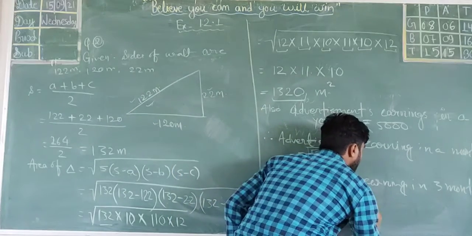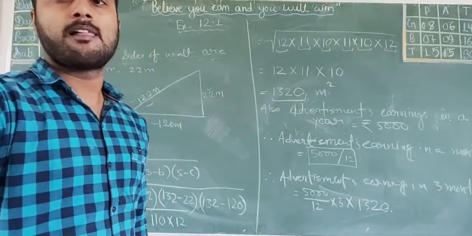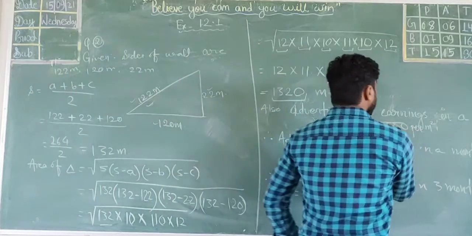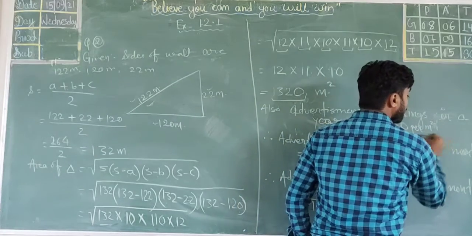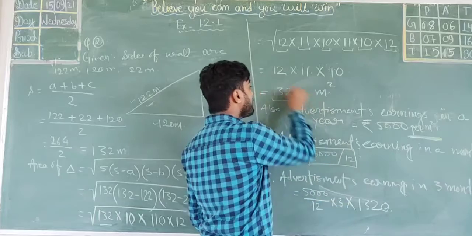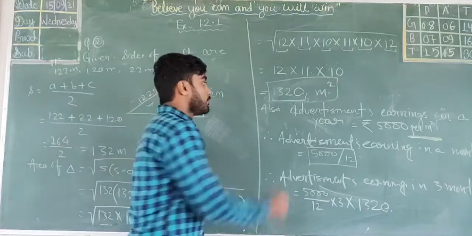Why am I writing 1320 here? Because it is the area. One thing I missed: there is rupees 5,000 earning per meter square. Our total area of triangle is 1320 meter square.